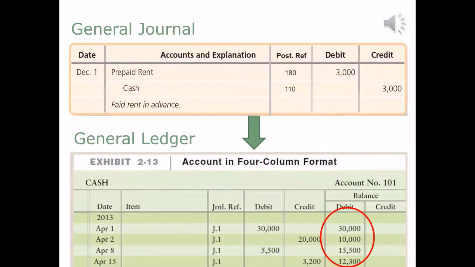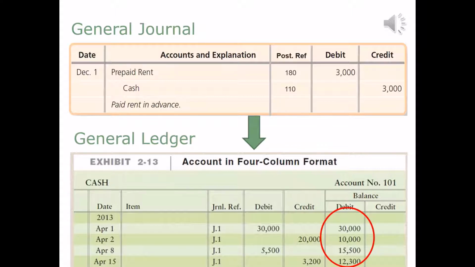You need to be calculating a running total in each one of your general ledger accounts. For all of the accounts that have a normal debit balance, such as all the assets and the owner's withdrawals and the expenses, they will all generally stay in the debit column.